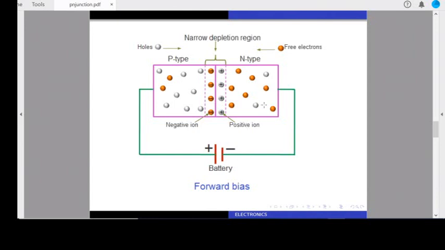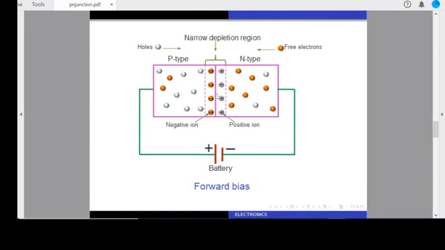When this repulsion happens, the holes and the electrons are going to be pushed towards the p-n junction, and this is going to lead to a reduction in the width of the depletion layer or the depletion region.